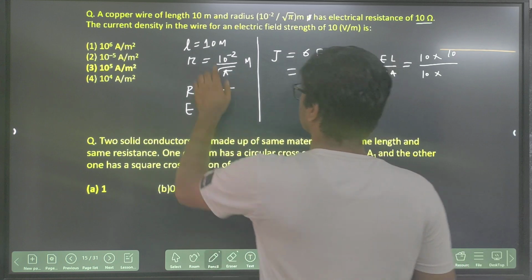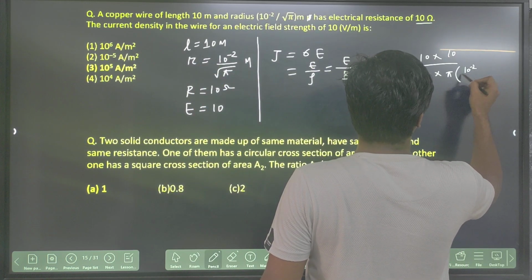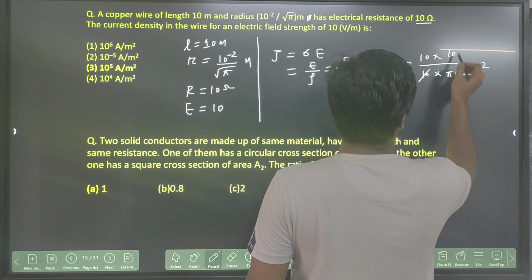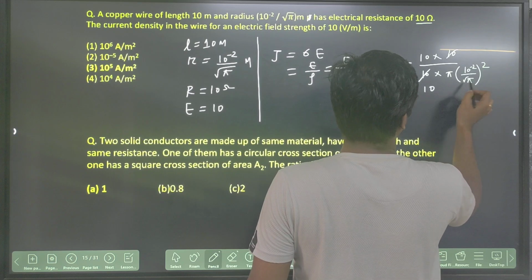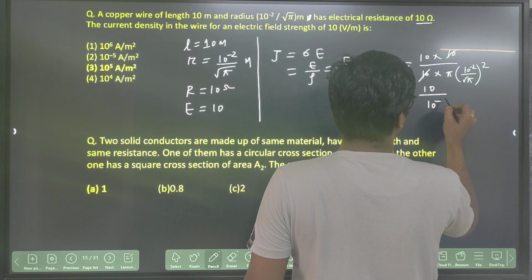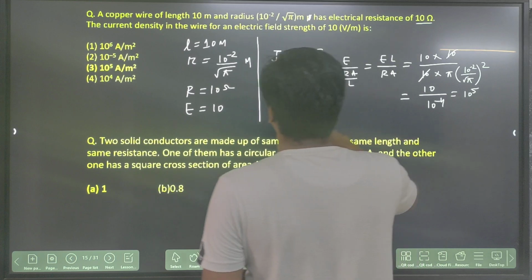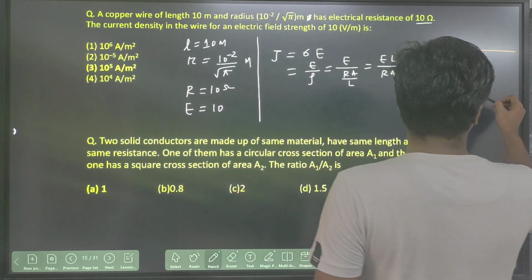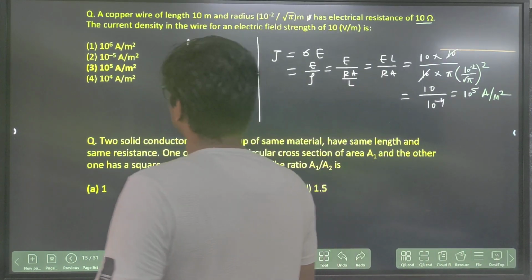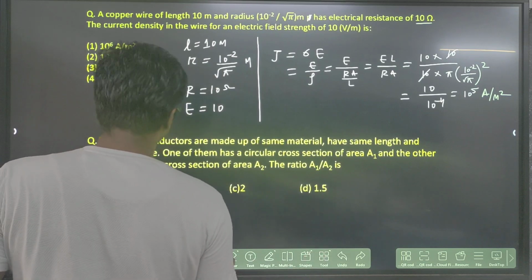The radius value you know, so the area is 10 to the power minus 2 pi root over, whole square. The 10s get cancelled out, the pi root over square gives pi which cancels out, and 10 divided by 10 to the power minus 4 will be 10 to the power 5. The unit is ampere per meter square. So option number 3 will be your correct option.